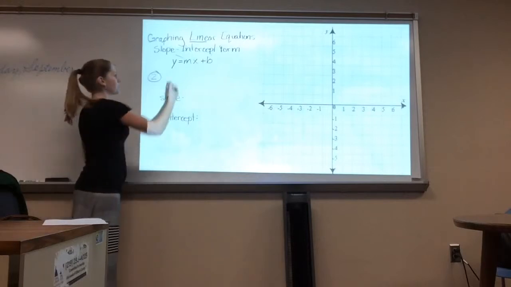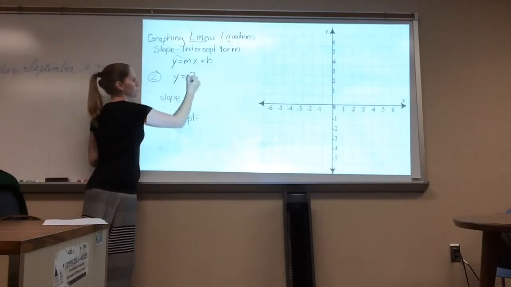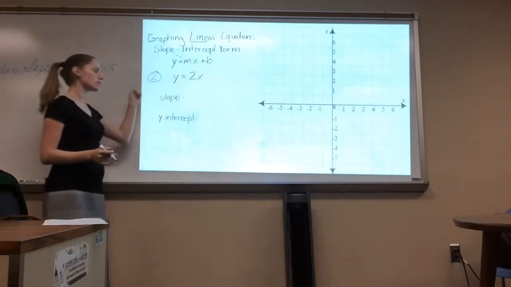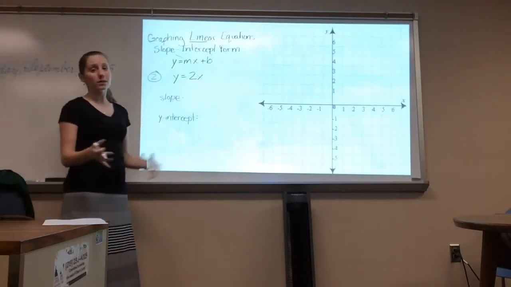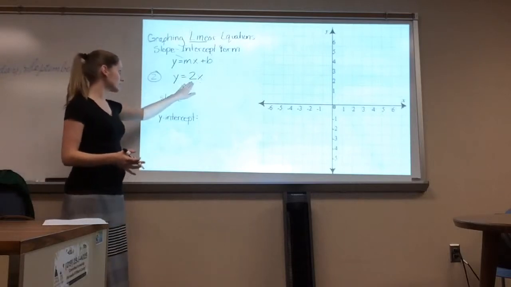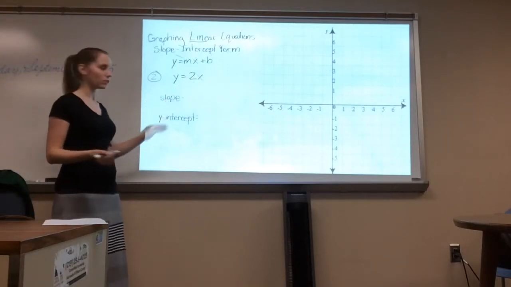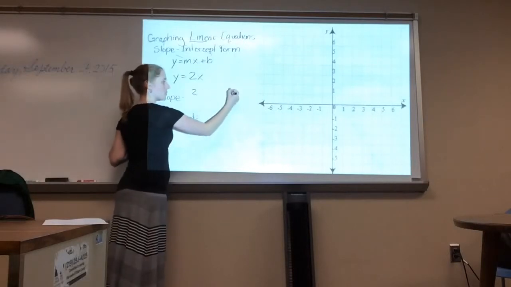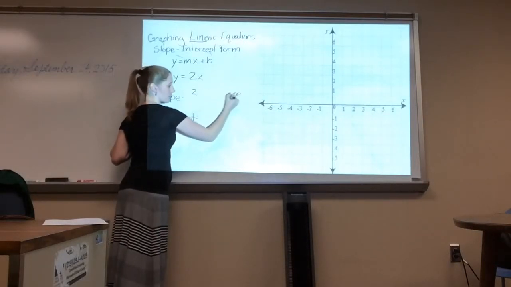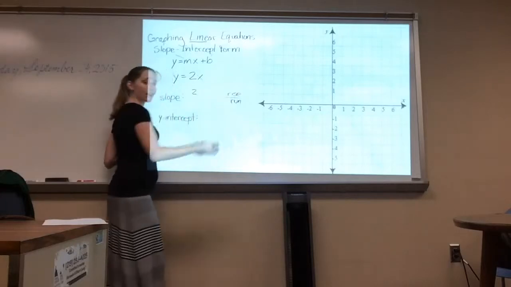For number 2, our equation is y equals 2x. The first thing we need to do is figure out the slope and the y-intercept. My slope is always the number in front of x, and so in this case, my slope is going to be 2. But we always want rise over run for the slope. So I need a fraction.